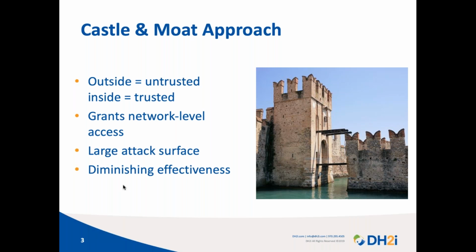So outside of the moat, if you will, is untrusted. Anything that's inside the castle or has crossed the moat is considered to be trusted or secure. Essentially what it boils down to is granting various users network access to inside that perimeter.